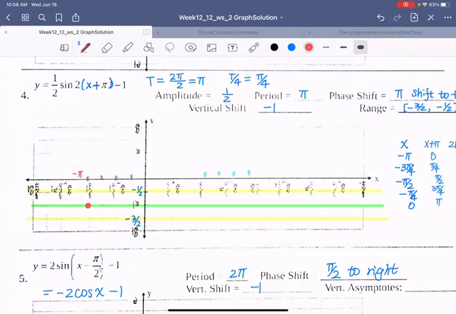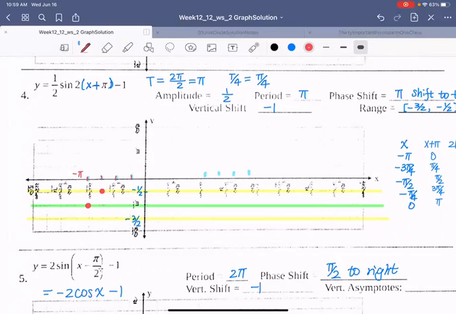Because the period is pi, the 1/4 of the period is pi/4. It goes up, I think. Yes, that's right. So it goes up to the maximum, right?